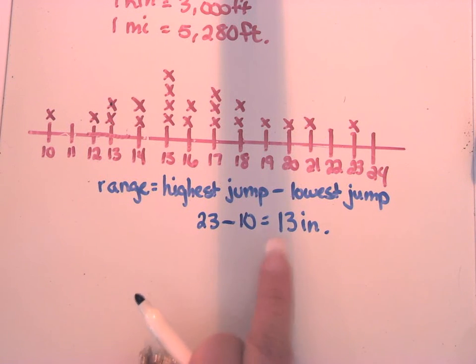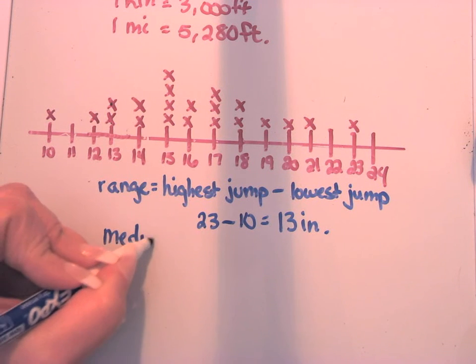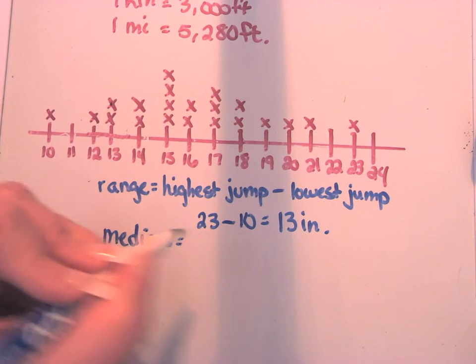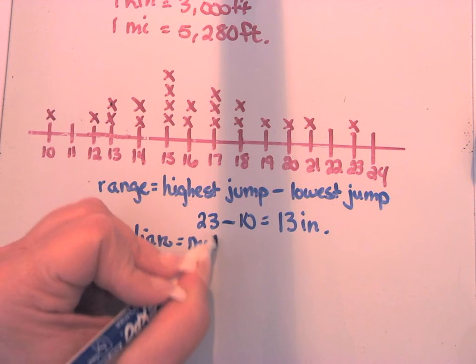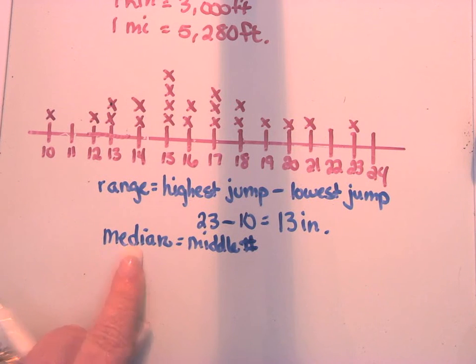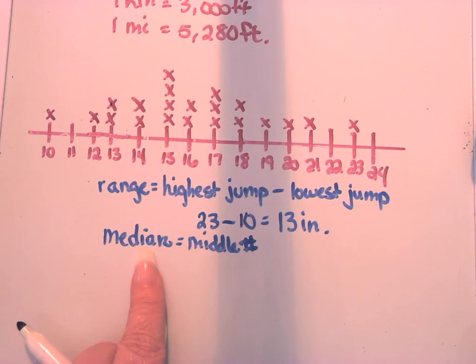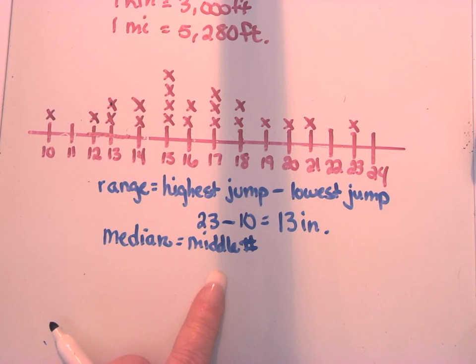Okay? Now when we look at our median, it is our middle number. And remember I said median is like small, medium, large. So median's in the middle. Or if you think of a traffic area, the median goes right between the traffic going one way and the traffic coming the other way. So median is that middle number. Well, how do we find that?